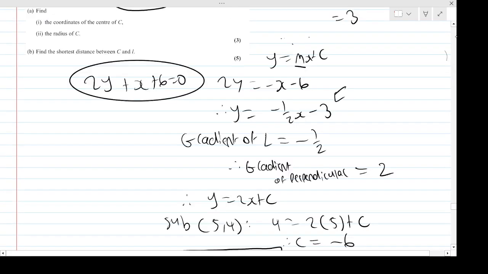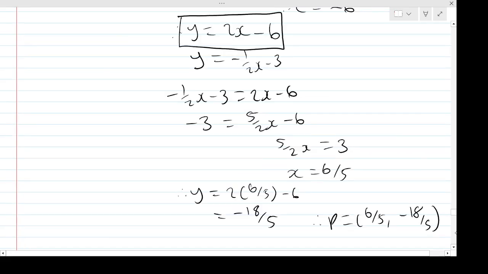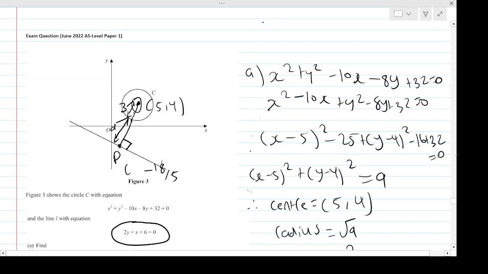Okay. So if I write that here, what was it? 6 over 5. I know the y value is minus 18 over 5. God, I forgot it already. 6 over 5. Okay, there we are. So that's my point.